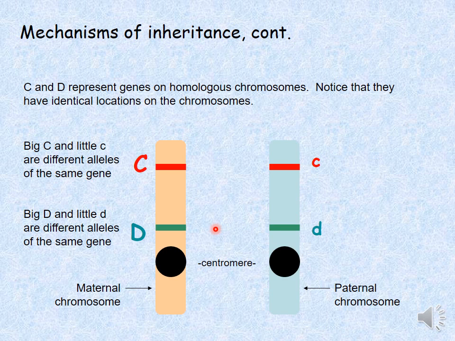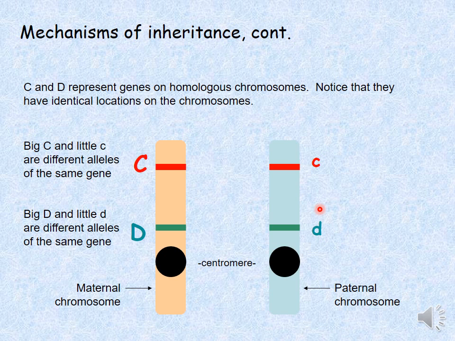When it comes to gene D, the maternal has a big D as the allele. The paternal chromosome of the homologous pair has a small d as its allele.